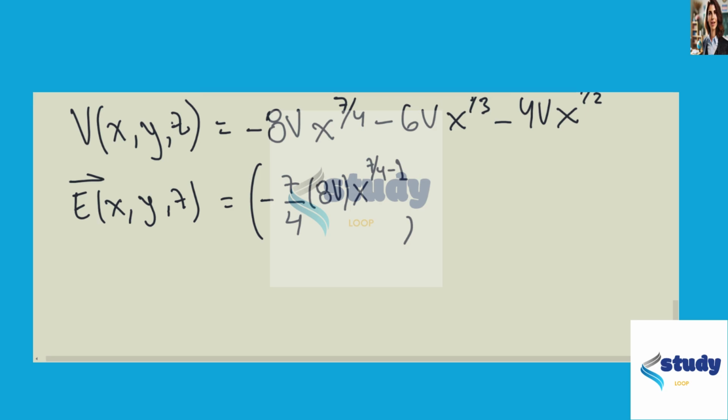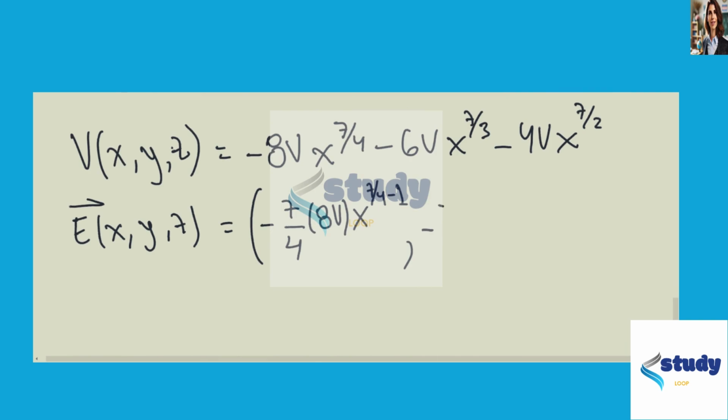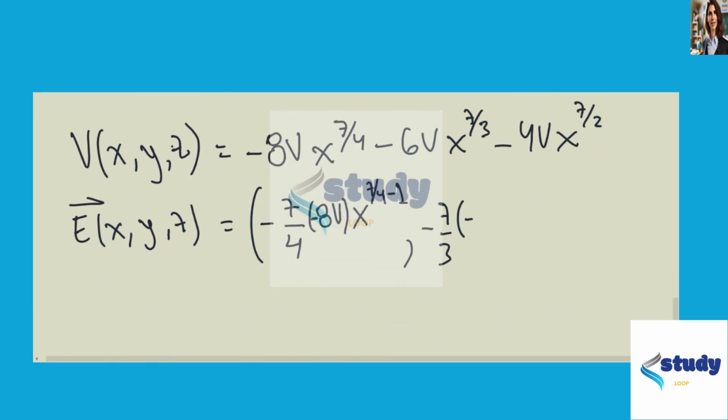For the y component, we'll have minus m, and we know that m is 7 over 3, so minus 7 over 3 times 6 volts times y to the 7 over 3 minus 1.